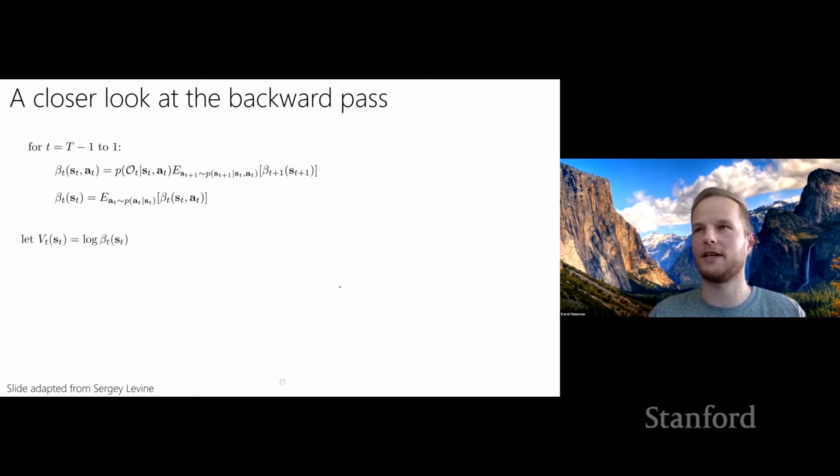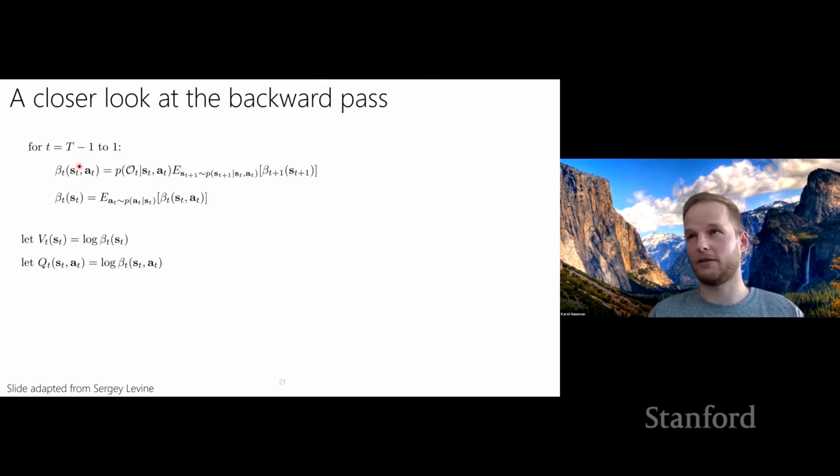So let's do a little assignment, and I'll introduce a new letter, V_t of s_t, and I'll say that this is equal to the log of beta of our backward message that is dependent only on the state s_t. We just derived it right here. And then I'll introduce another letter, Q_t of s_t, a_t, and I'll say that this is equal to the log of the backward message that is dependent on s_t and a_t. So this is what we derived right here.